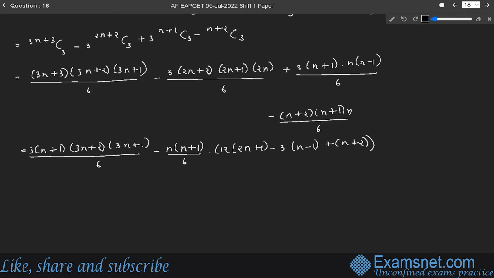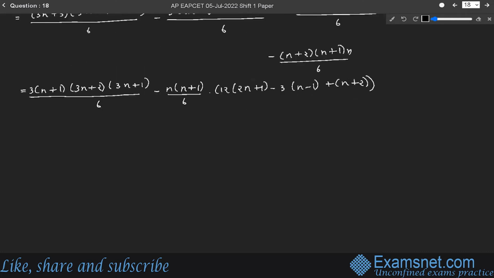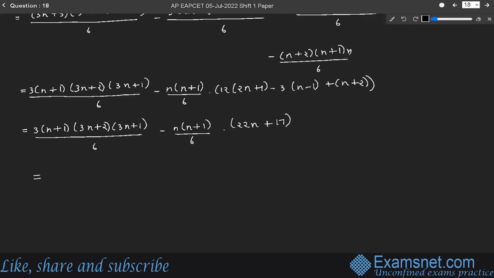On further simplifying this term, it will be equal to 3(n+1)(3n+2)(3n+1) divided by 6 minus n(n+1) divided by 6 into (22n+17), which will be equal to (n+1) divided by 6 into (5n^2+10n+6). This is the required value for the given question.